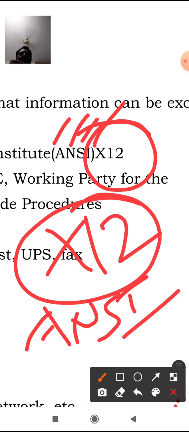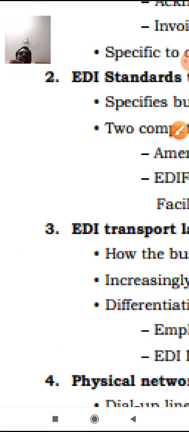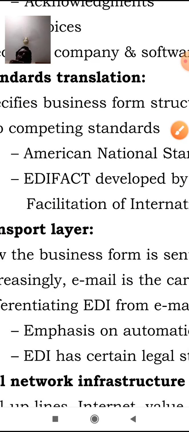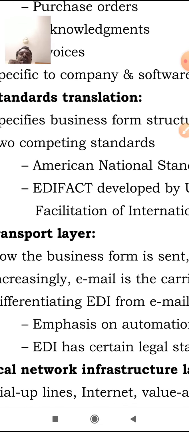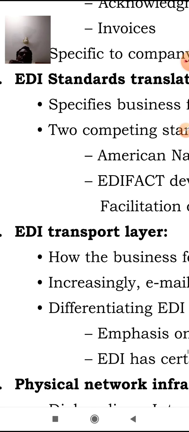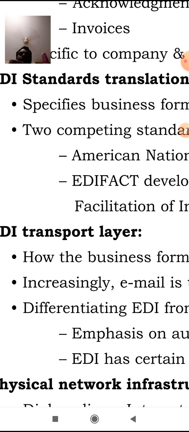Like that, internally the information will be converted at source, and then converted again at destination, with the help of these standard conversion mechanisms. We already discussed that EDI applications have two standards worldwide.